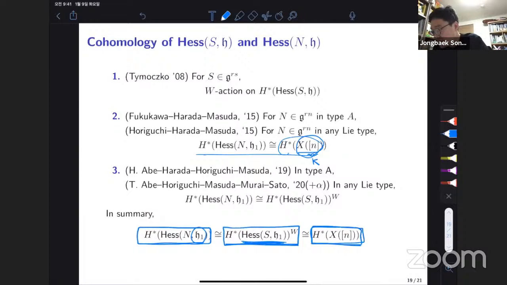So this is all about two rather extreme cases. Remember that if you have a regular element in the Lie algebra, then this can be represented by a semi-simple part and a nilpotent part. So semi-simple and nilpotent are two extreme cases. What happens if we take a general regular element in the Lie algebra?